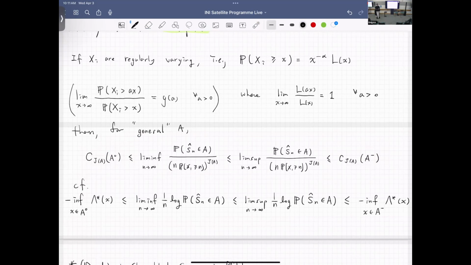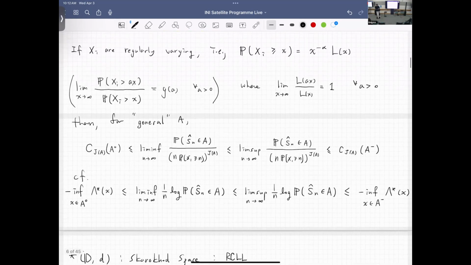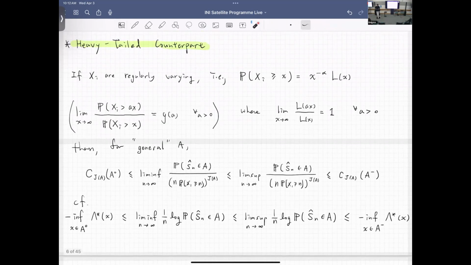It is the tail of the increments. And the reason I have a typo is because when I go into the details, I'm actually going to look at Levy processes.